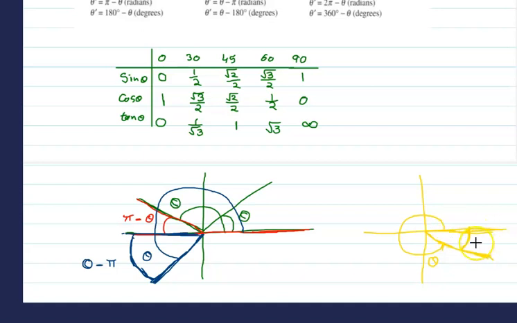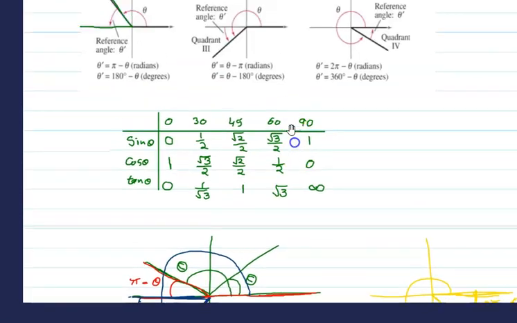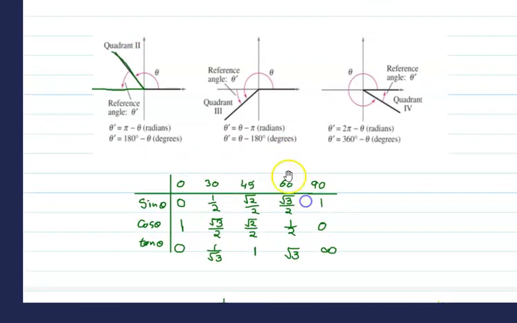We were about to complete one revolution, one cycle. So this reference angle is going to be 2 pi minus theta. And for your ease, you can memorize this chart for the reference angle, these formulas.